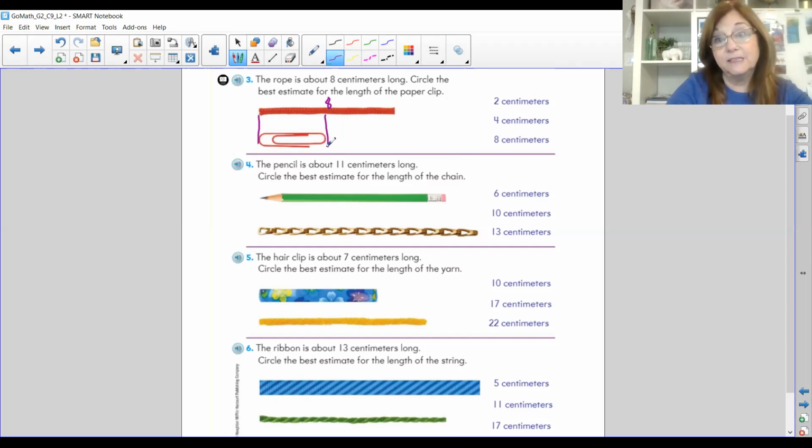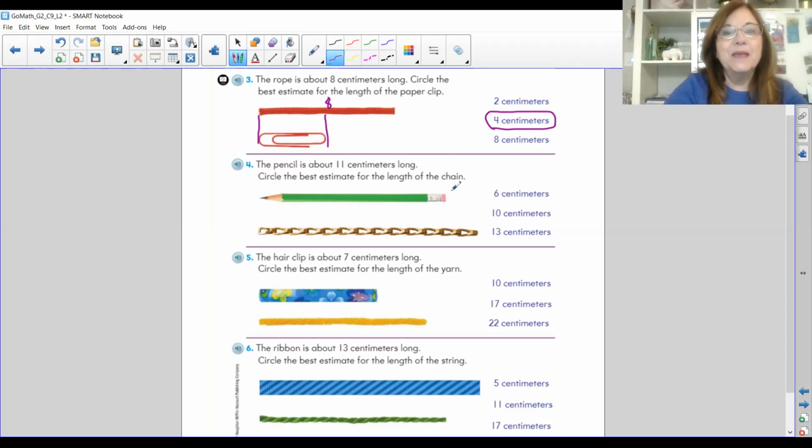To me, it looks like it's about half. So if you know what half of 8 is, well, here's 8. So half of 8 is probably not 2. Half of 8 is 4. And definitely the paper clip is not 8 centimeters long because it would be the same length as the rope. So we're going to choose 4 centimeters. If that's what you chose, you got it right.